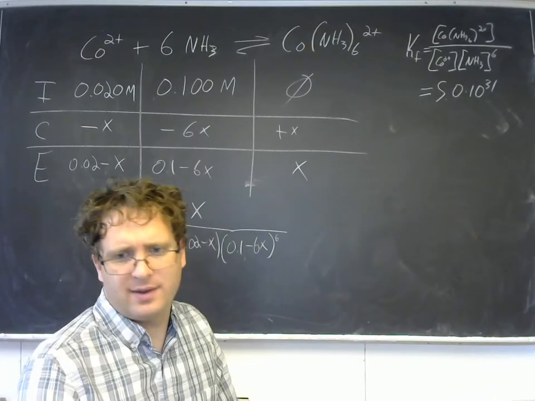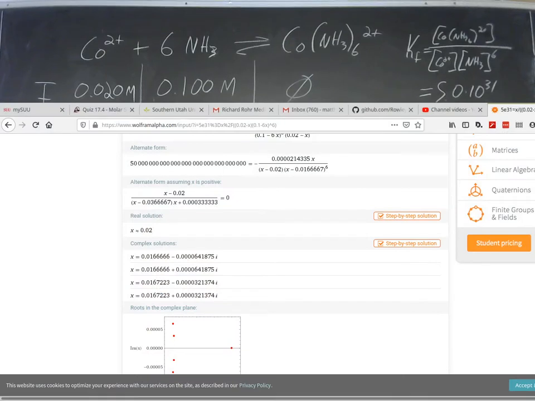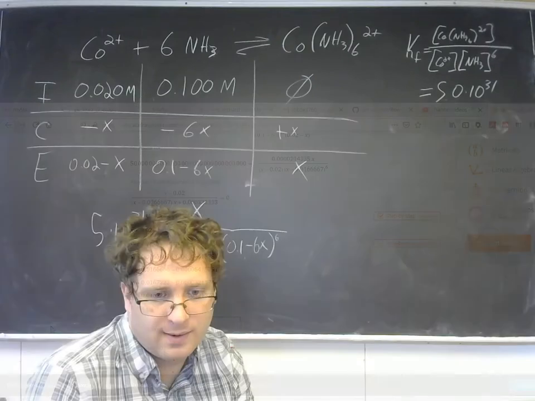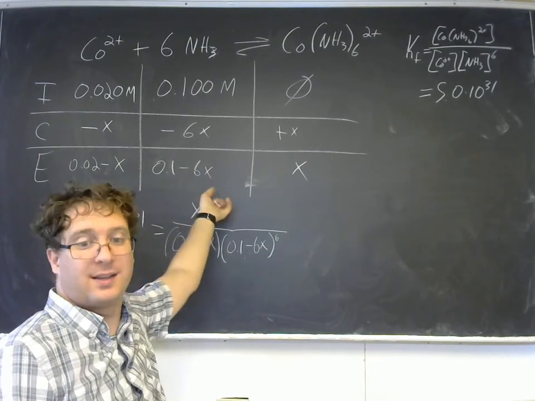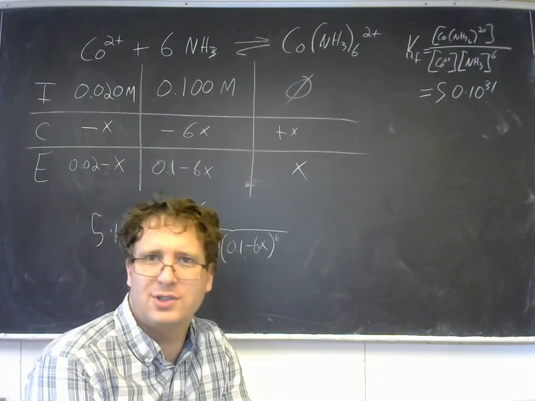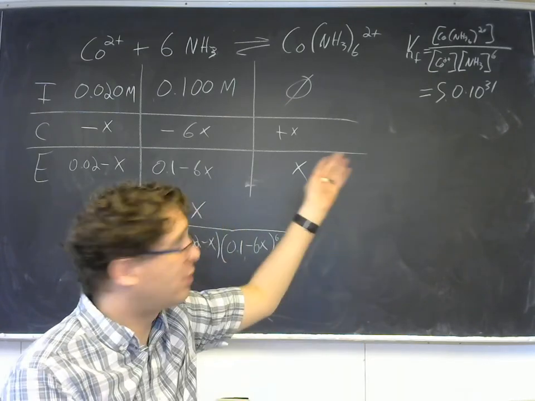And then there's one final solution. We'll come back here to Wolfram. This 0.0167, well, that's greater than 0.0166, and so if I take my 0.1 minus 6 times that, again, it'll give me a negative value. None of these solutions seem to work. And in principle, this approach should work.